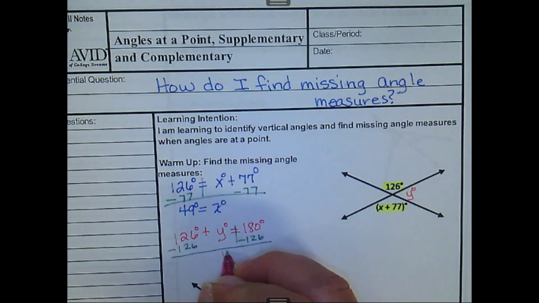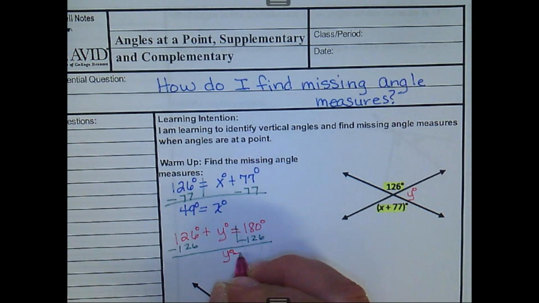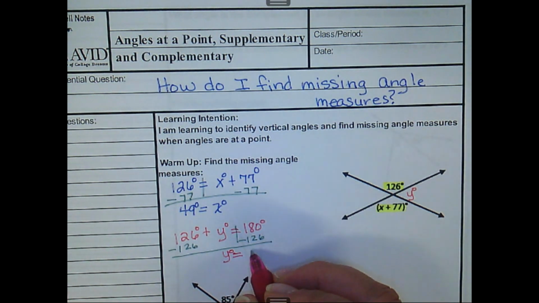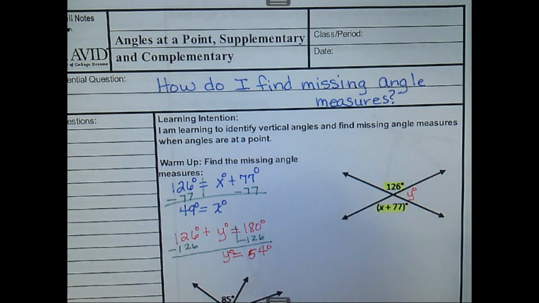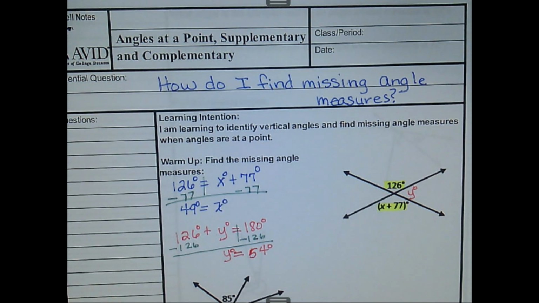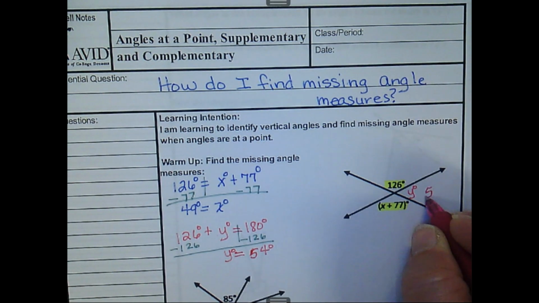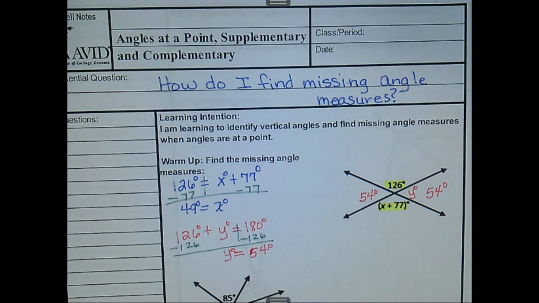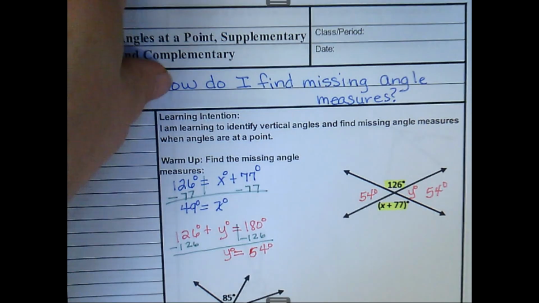And y degrees is equal to 180 minus 126, which would be 54 degrees. If this one is 54 degrees, we know this one is also 54 degrees because they are vertical angles and vertical angles are congruent.